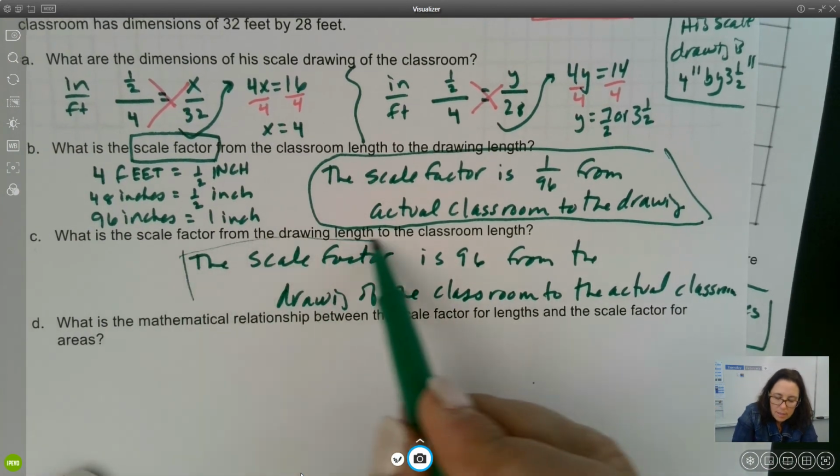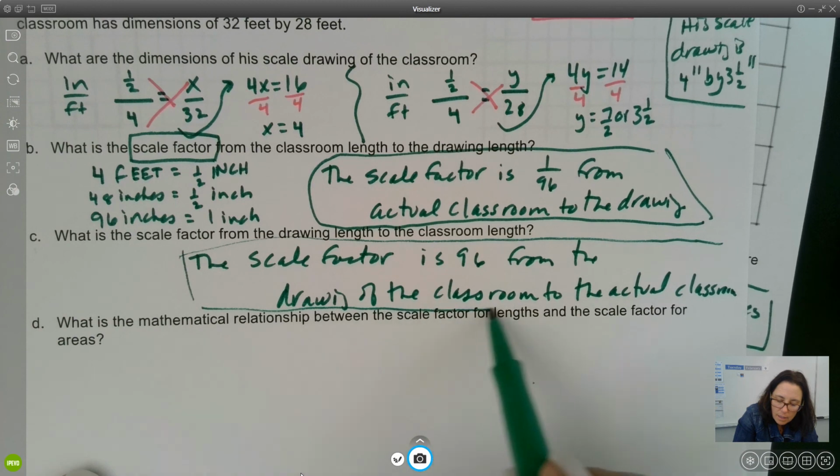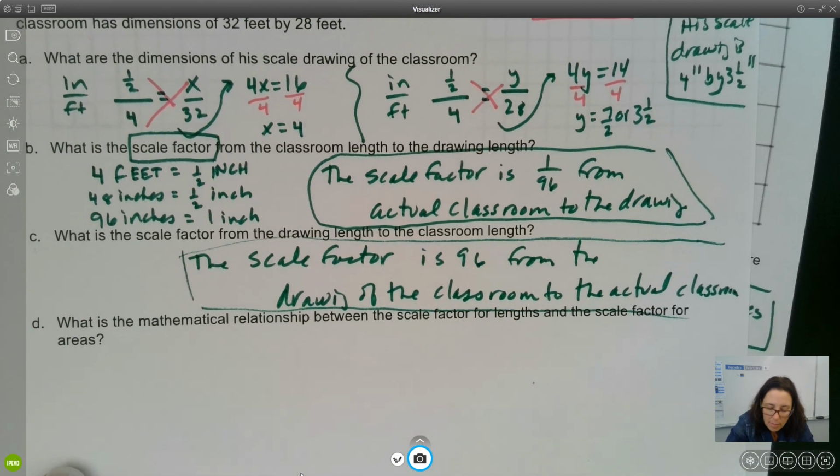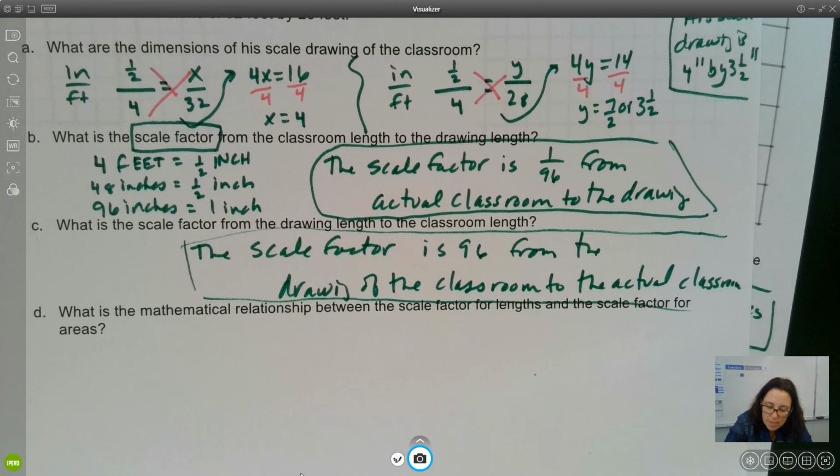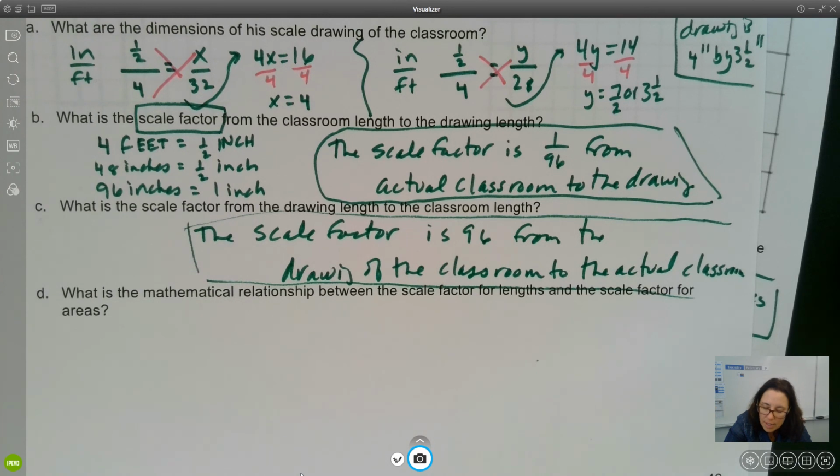All right. What is the mathematical relationship between the scale factor for lengths and the scale factor for areas? Okay, we've got to remember about this. The scale factor of the lengths has to be squared to get the scale factor of the areas.